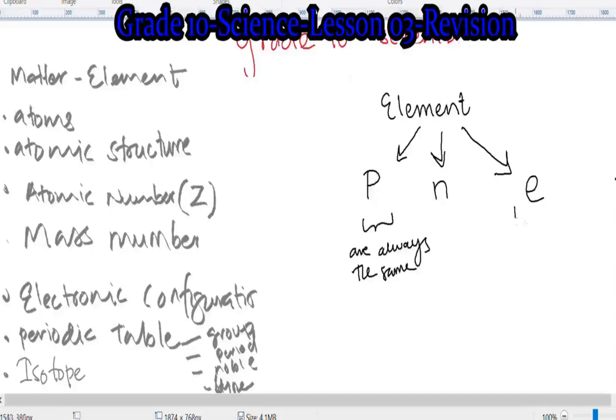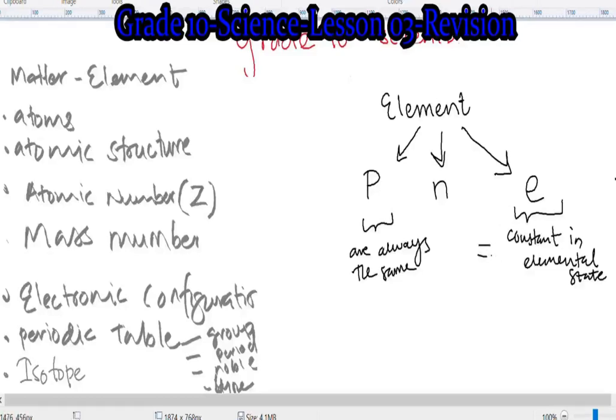Then you have your electrons. Electrons are also constant in the elemental state, right? So when it goes through a reaction, it can change. So mostly these two are equal, right?